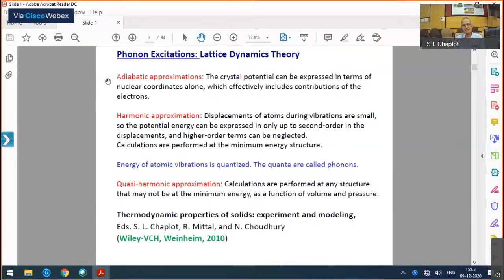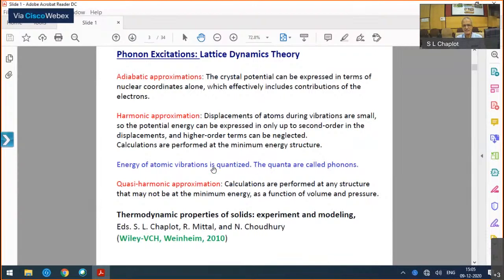Well, in basic lattice dynamics theory, there are certain approximations, and it is only under those approximations that one can talk of concepts like phonons. As you already know, phonons are nothing but the quanta of the energy of atomic vibrations. So the vibrations of atoms in the solid are said to be quantized under certain conditions, and these quanta are called phonons.